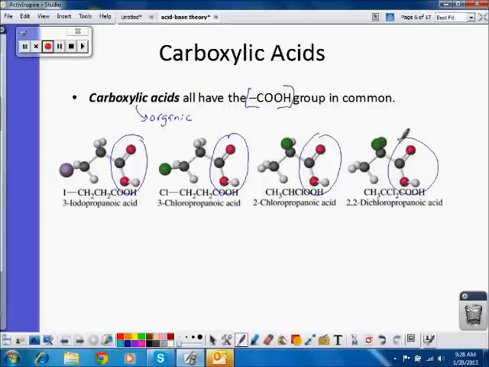So, if it's an acid, it must donate a proton. And the proton that gets donated is this one that is attached to the oxygen. So it does not lose the proton that's attached to the carbon over here. It loses the proton that's attached to that oxygen.